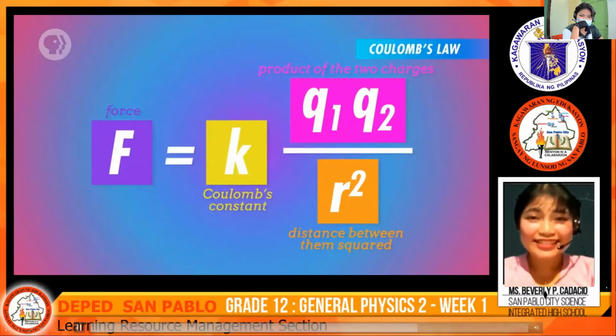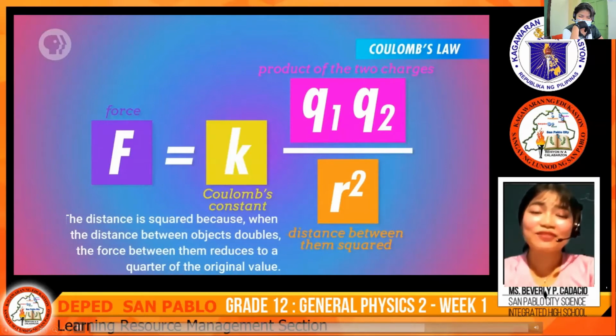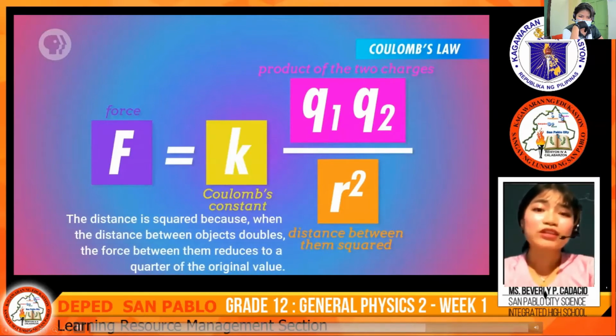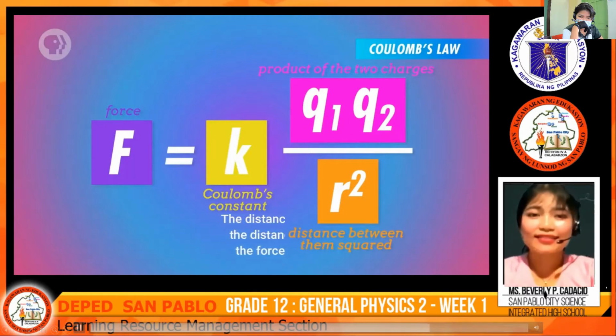Our equation states that the force between two charged particles is equal to the product of the two charges divided by the distance between them squared. And the distance is squared because, just like gravitation, when the distance between objects doubles, the force between them reduces to a quarter of the original value. Please take note of that.